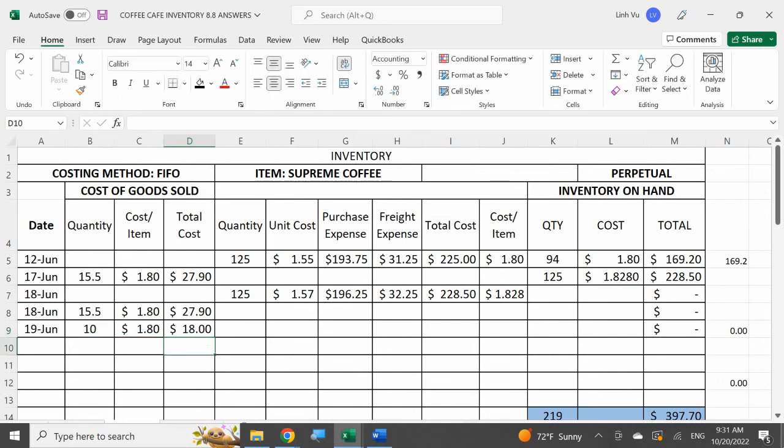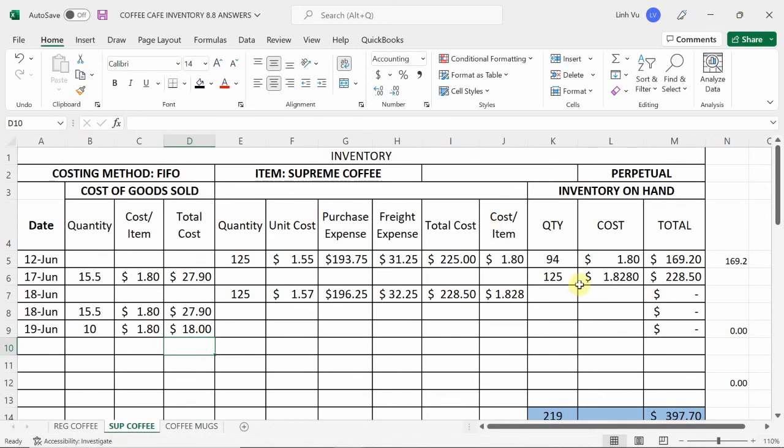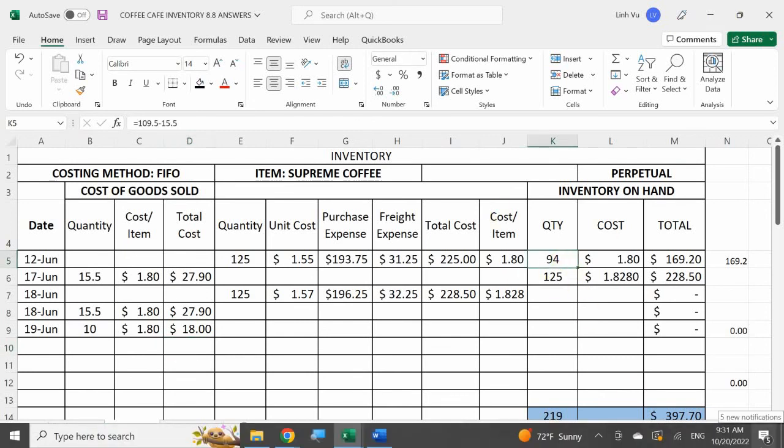$18. So now that I sold $18 from my first batch of inventory, I need to update it. If I had 94 and I sold 10 of them, how much should I have left? 84. Right, 151.20.